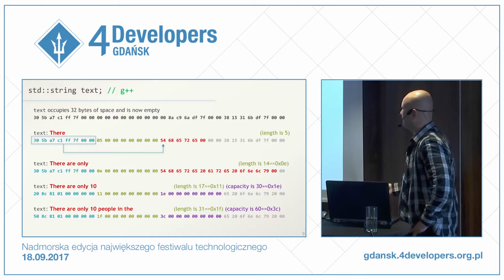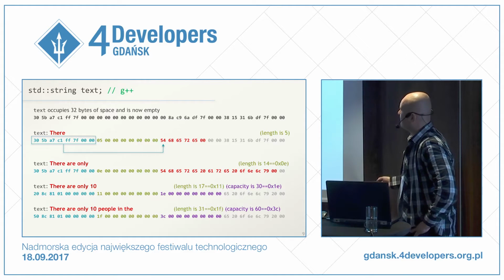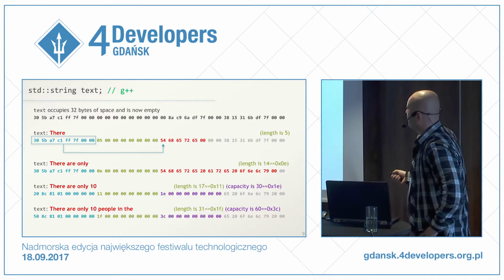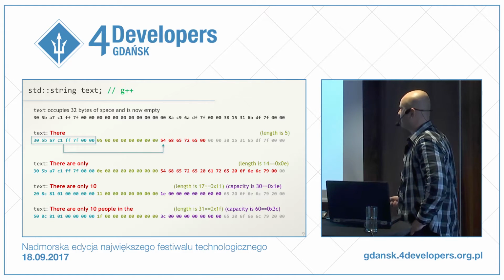So if we add some additional characters, we see those populate the last two keywords of the string, and the length increases as well. If we add some more, we cannot store everything in place.